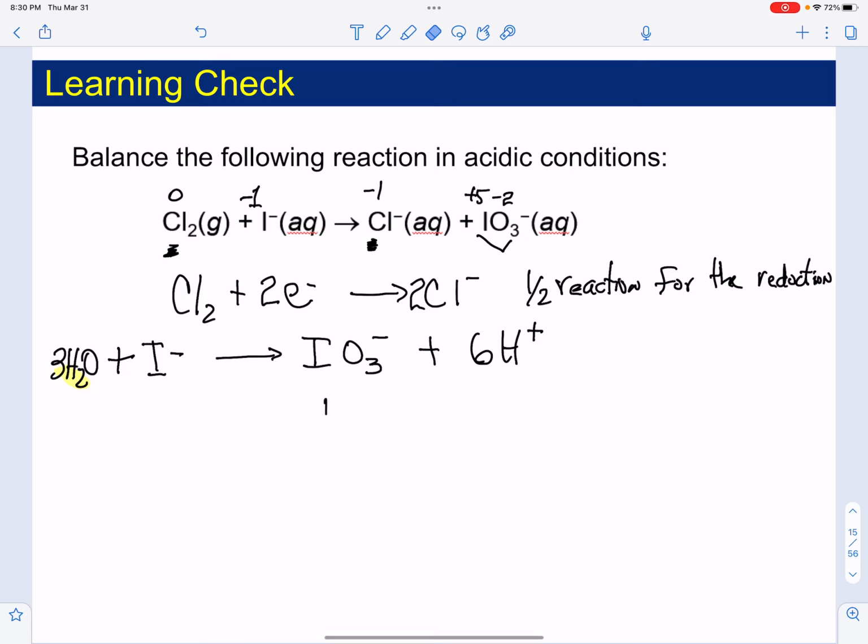But like the same thing we did on the first one, we have to make sure that the charge on the left side equals the charge on the right side. On the left side, the charge is altogether 1 minus. On the right side, the charge is altogether 5 plus, because we have 6 plus and 1 negative.